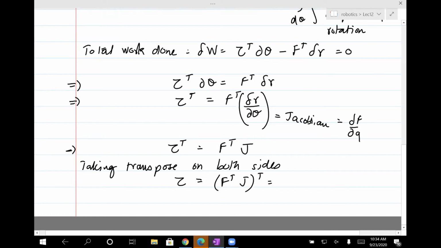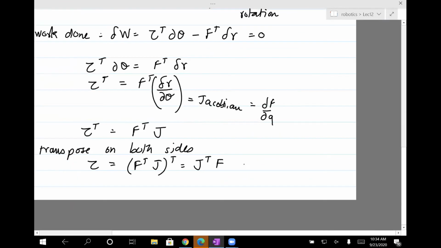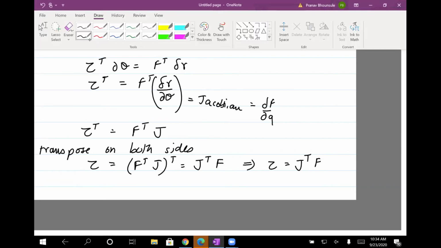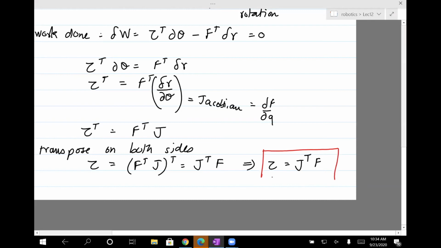Now there's a property which you did in homework 1, which is if you have (AB) transpose, then that's the same as B transpose A transpose. So you need to switch the order. So it'll be J transpose, and then F transpose will come next, but it'll be the transpose of F transpose, which is simply F. So eventually what you get is that the torque is J transpose F. Okay, so that was what I was after.